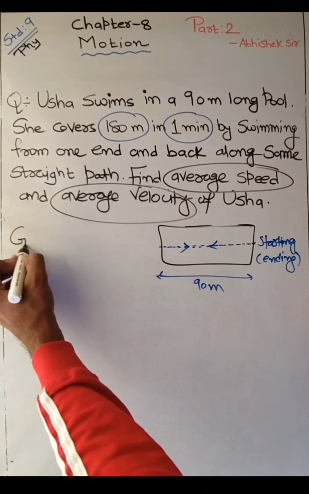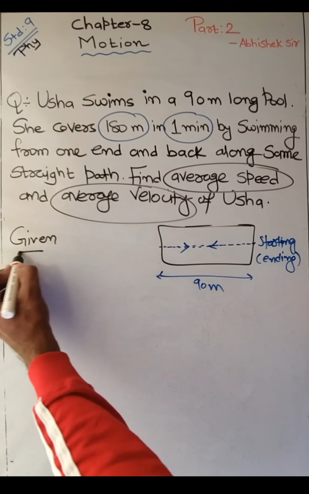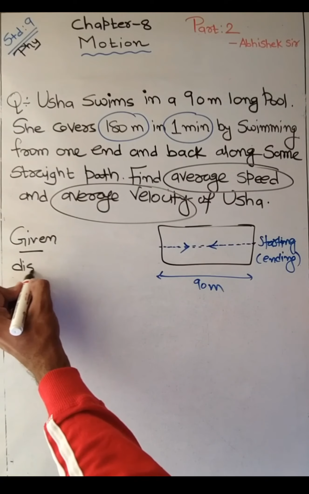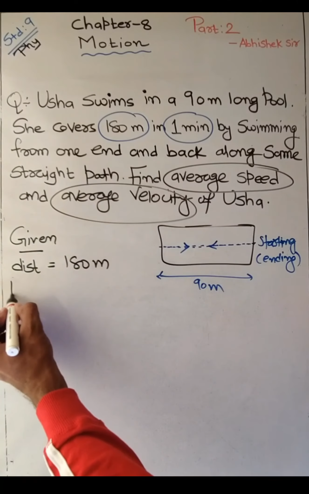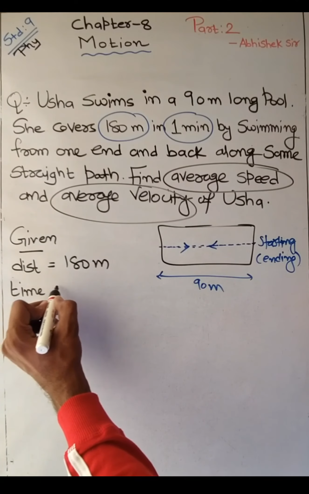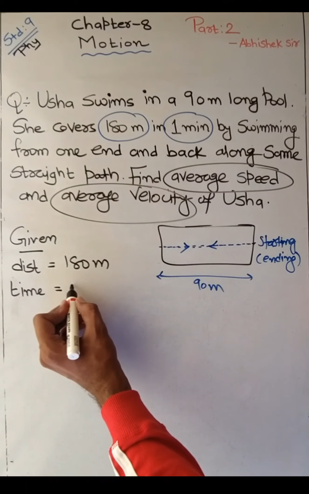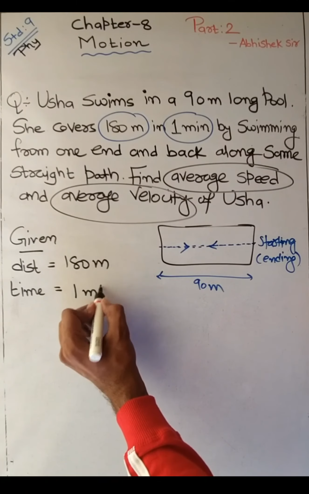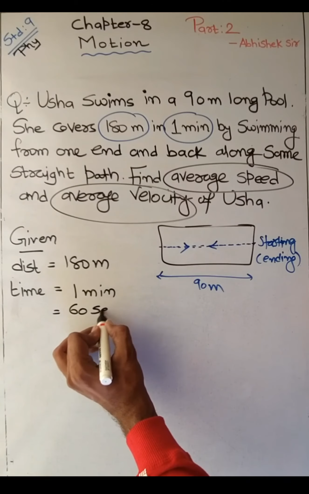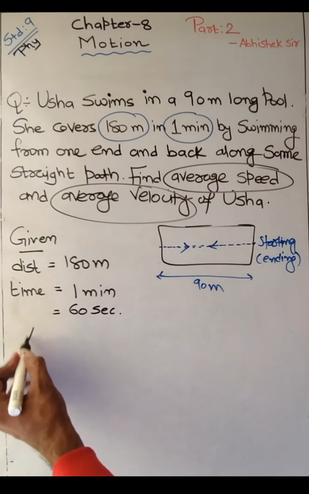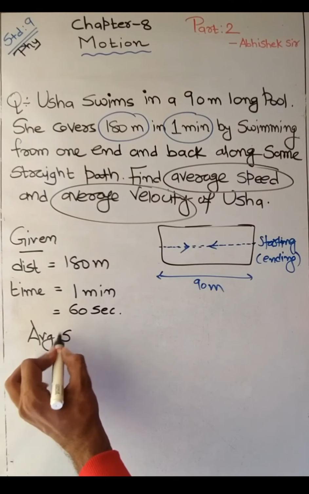Let us quickly make the given information. Given is the total distance, that is 180 meter. Time taken is 1 minute, and 1 minute we have to convert it into seconds, so it is 60 seconds, right? So what is average speed?